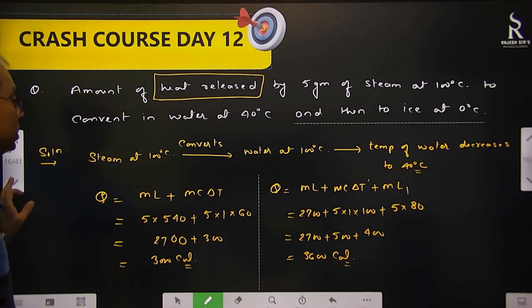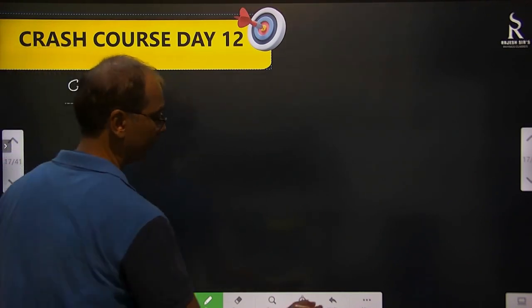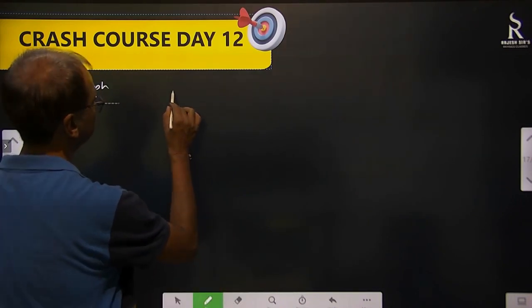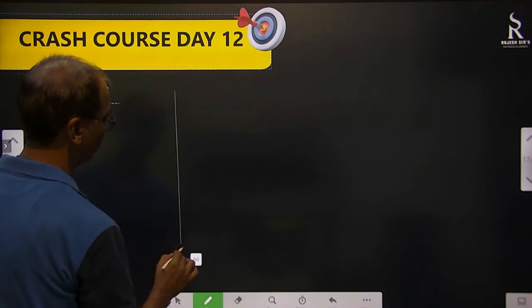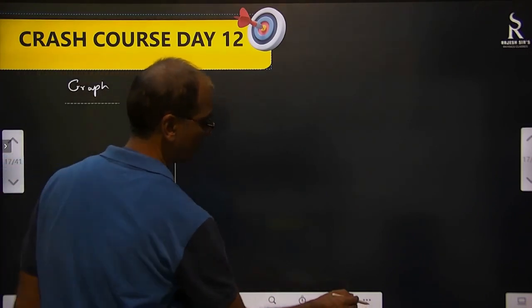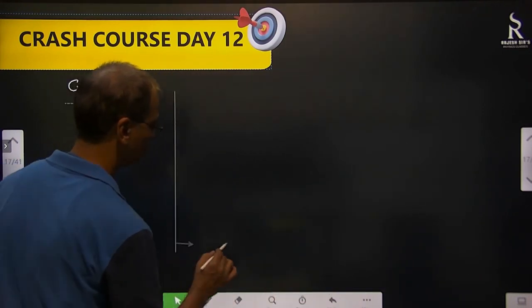Alright. Let's see now. Okay, graph we want to know. What graph? That which is showing you latent heat and specific heat and how, if suppose we are going to take ice at 0 degree centigrade and we are going to give it heat, then how it converts, okay, that we are going to see.